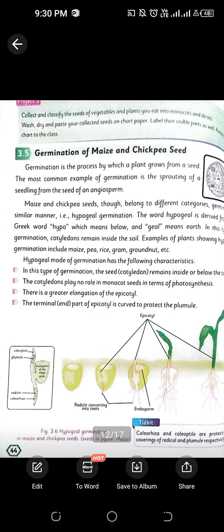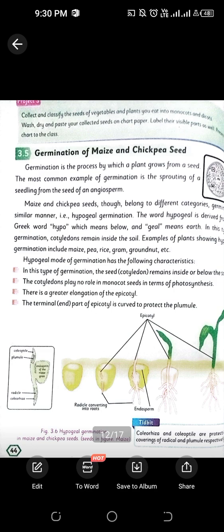Then there is a process known as germination. Germination is a process by which a new plant grows inside the seed. The moment the seed is breaking and the baby plant is germinating, this process is known as germination. So we have two types of germination: epigeal germination and hypogeal germination.